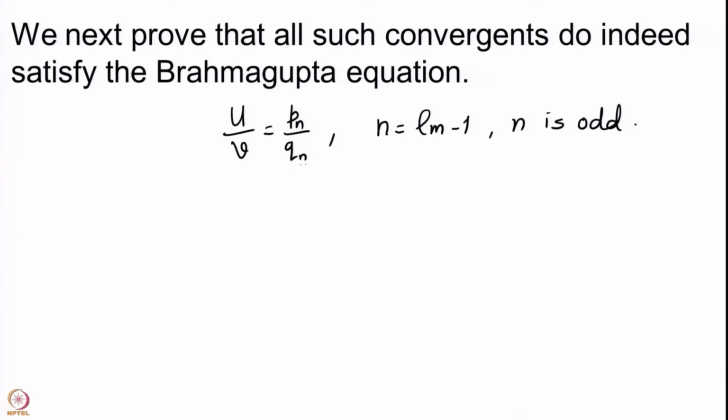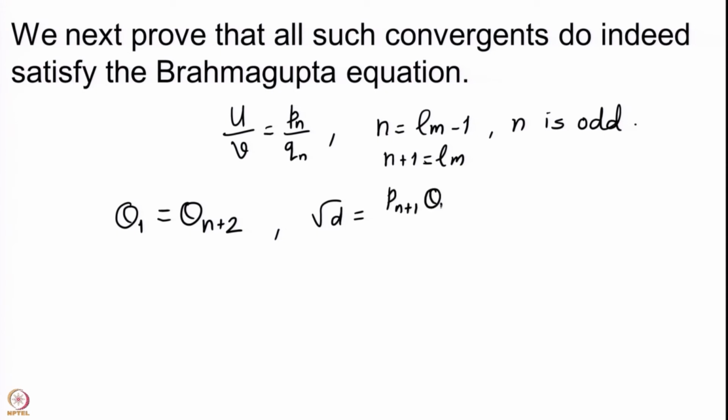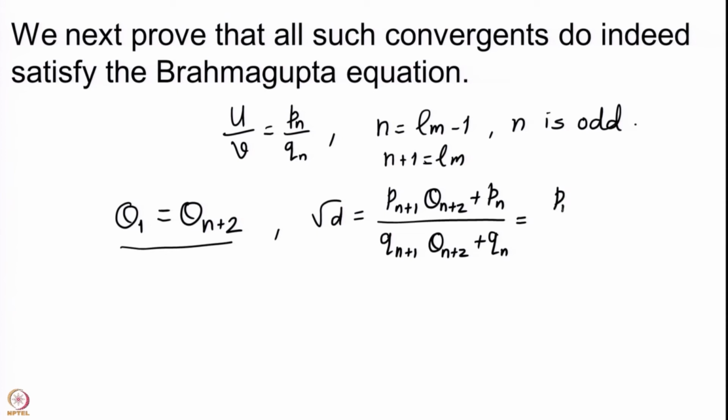So, we have this n, and of course, then theta 1 is theta n plus 2, because n is Lm minus 1, n plus 1 is Lm. So, theta n plus 2 is theta 1, and we use once again the previous formula, and use this to write it as theta 1.